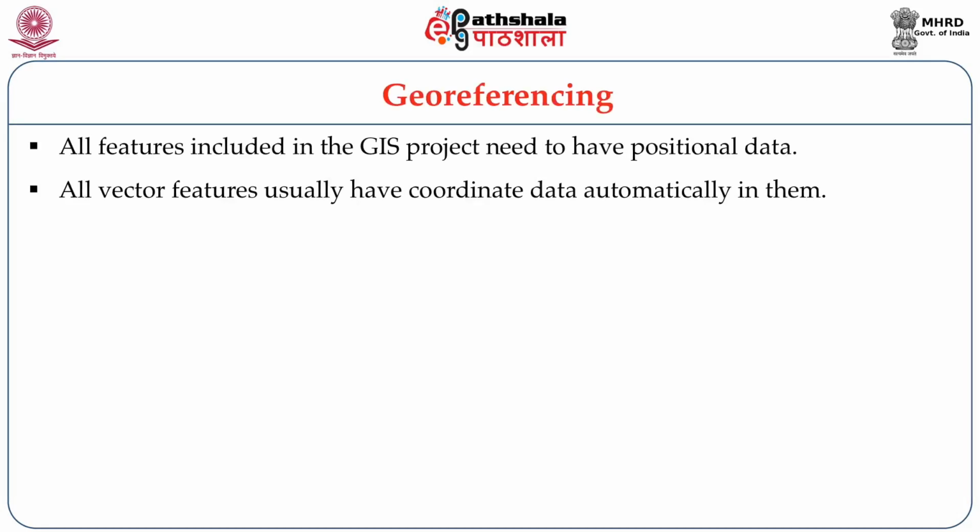Only then can that picture, satellite imagery, or the map be positioned appropriately where it has to be positioned. And all vector features usually have coordinate data automatically in them, that is, the point, line, and polygon features, which are usually known as the shape files.